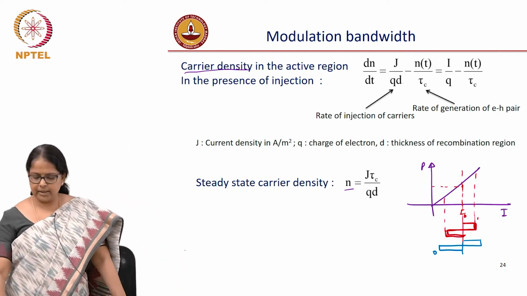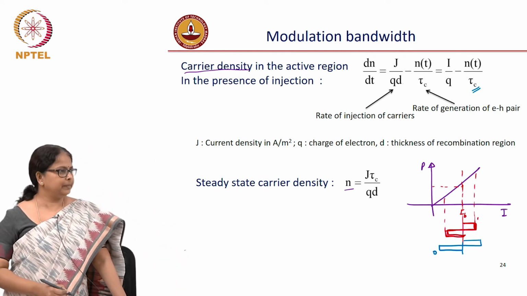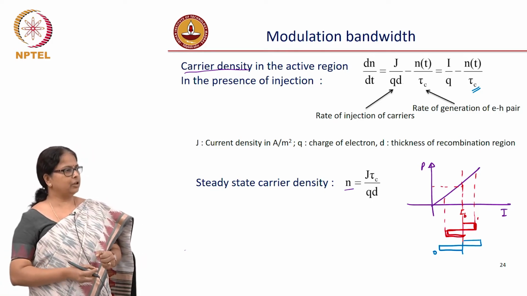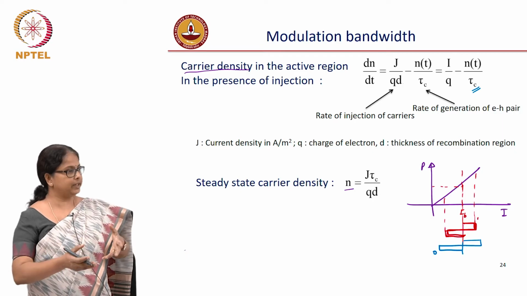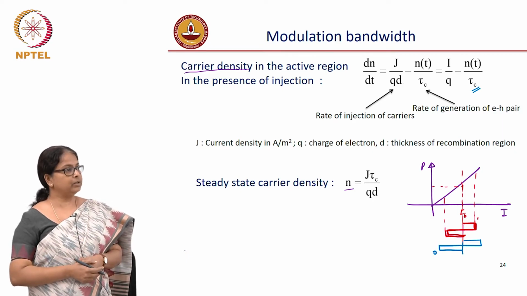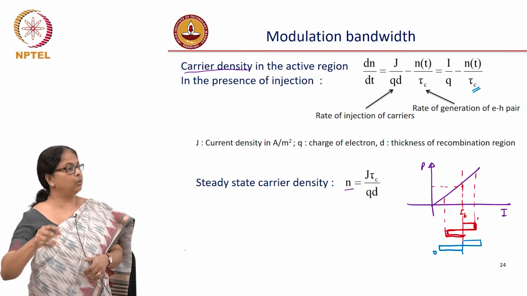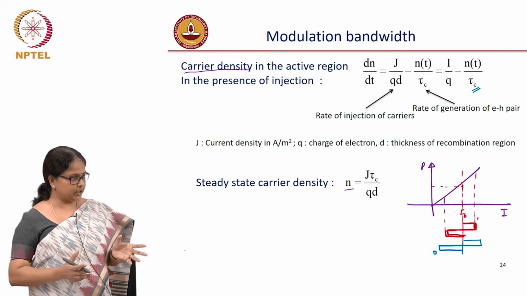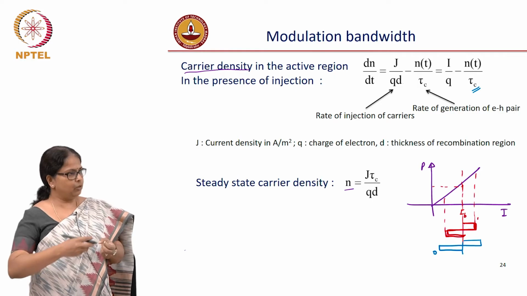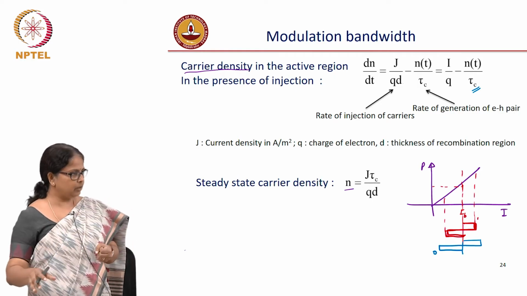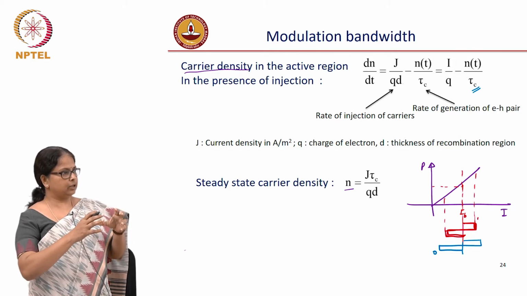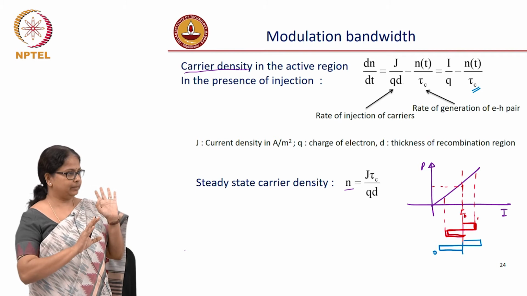So, the question is, we are using tau c. Now, tau c, if you remember, is constituted by a generation as well as recombination. 1 over tau c was 1 by tau r plus 1 by tau nr, right. So, here when you write the rate equation, you do not care whether it goes into radiative or non-radiative recombination. You have to make sure that all the carriers are accounted for, right.